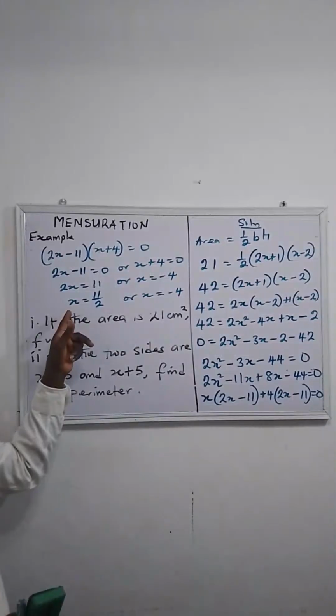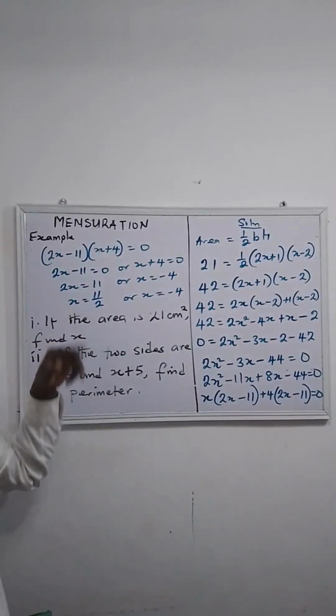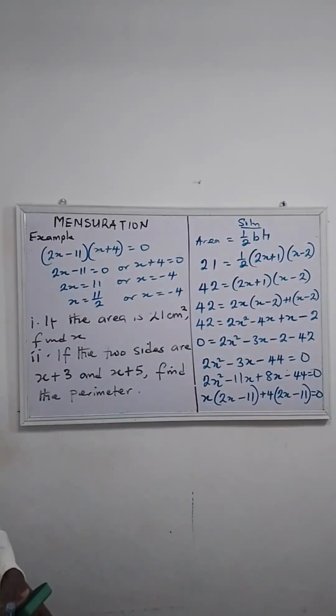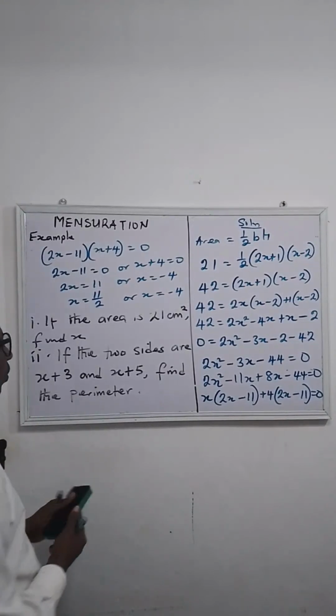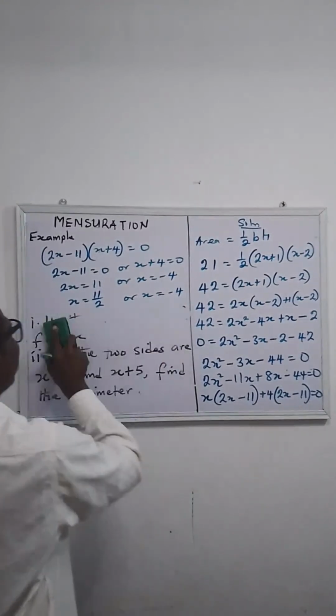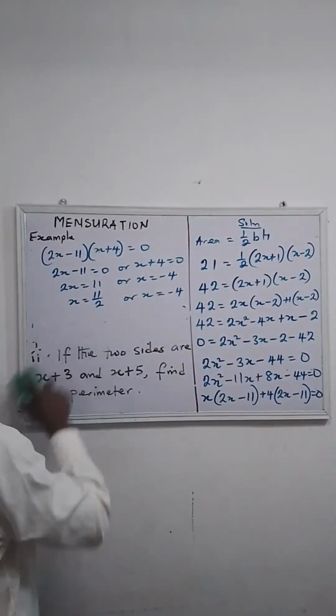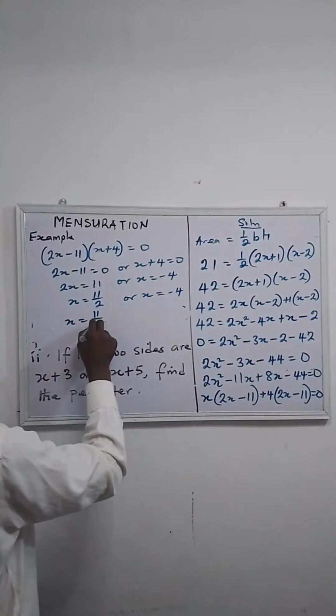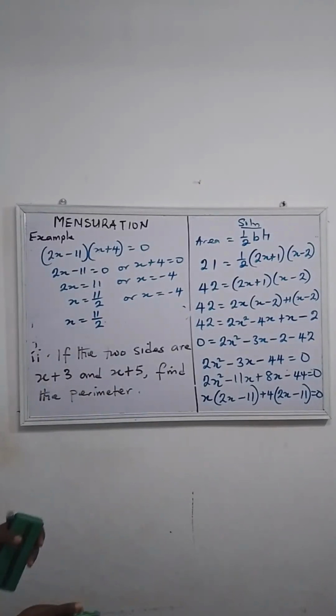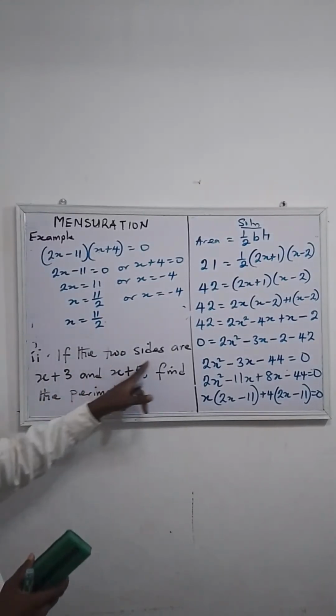So we say x equals to 11 over 2, and that's same thing as 5 and half. Okay, so 5 and half. So that's the value of x. So we can just conclude that x is 11 over 2.